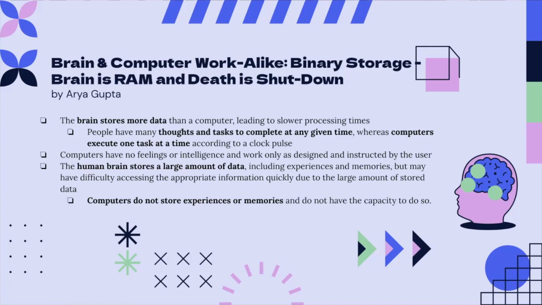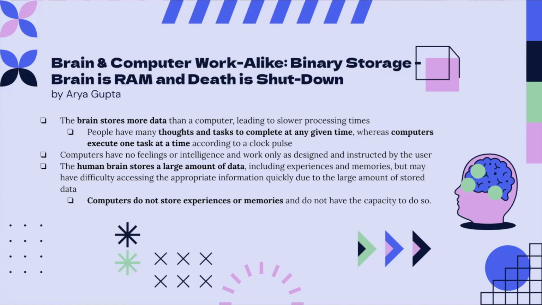Many people have many thoughts and tasks to complete at any given time, whereas computers execute one task at a time. And they do so in, quite frankly, how fast their internet is. Computers have no feelings or intelligence and work only as designed and instructed by the user. Their environments are much more different than our environments.